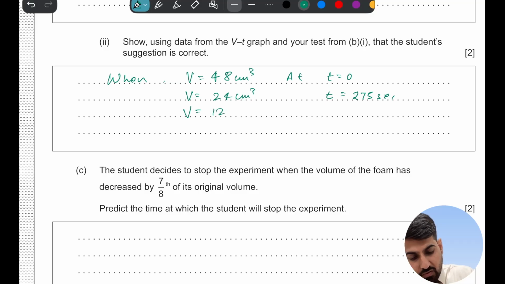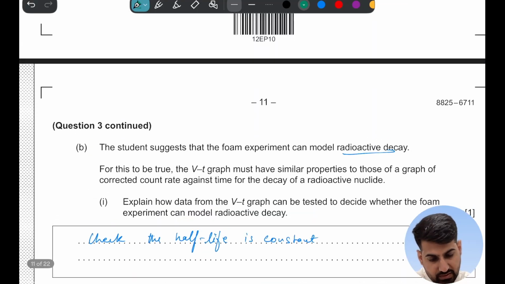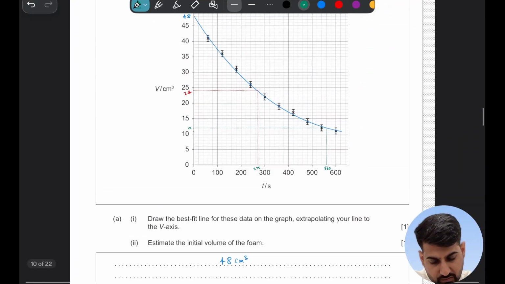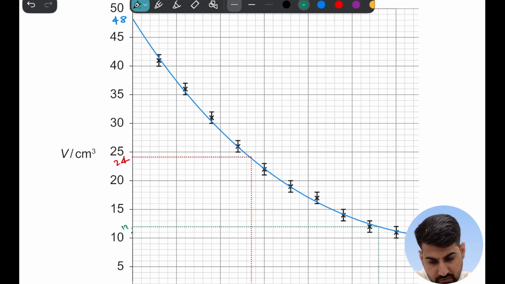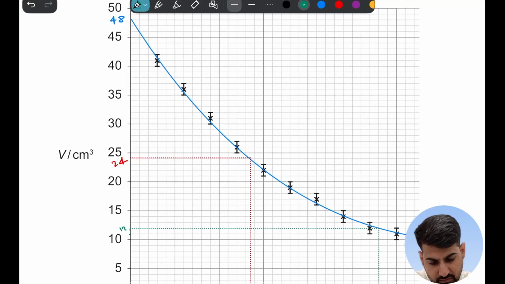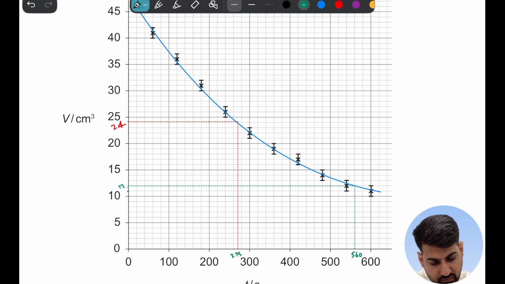Then again half at 12 centimeter cube, the t is 560 minus 275, which is 285 seconds, right? So roughly you can say this is 275.